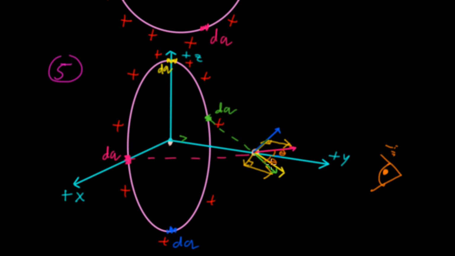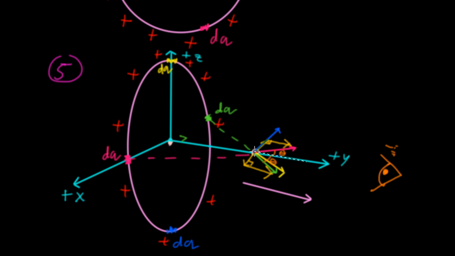For the blue and yellow vectors, the component that's perpendicular to the y-axis ends up being their z component. So as we go around the ring and imagine all of the dQs on opposite sides of the ring, the net resultant electric field vector at this beige point is something like this. I'm going to draw it something like this. It ends up actually pointing along the positive y-axis.